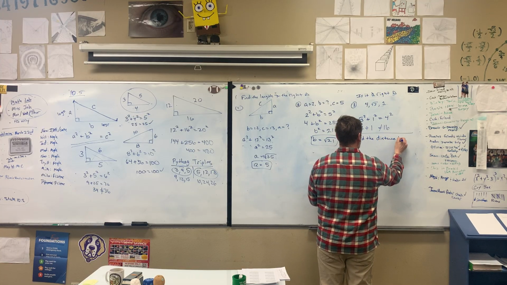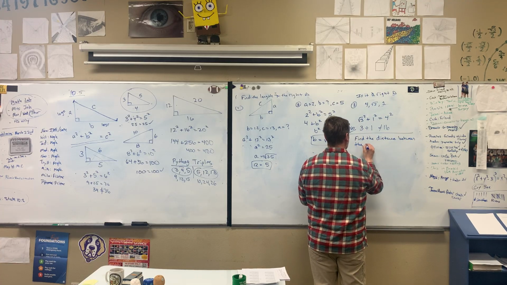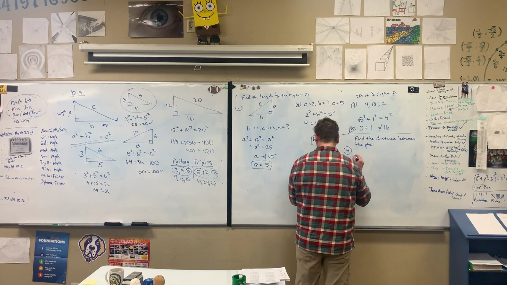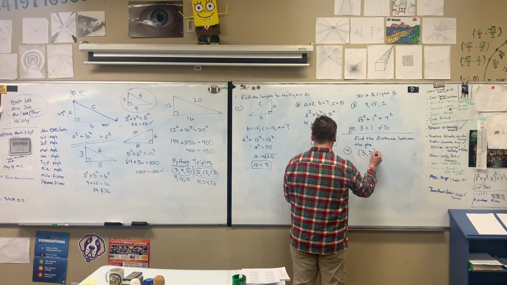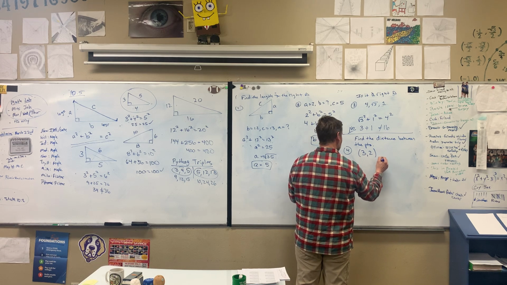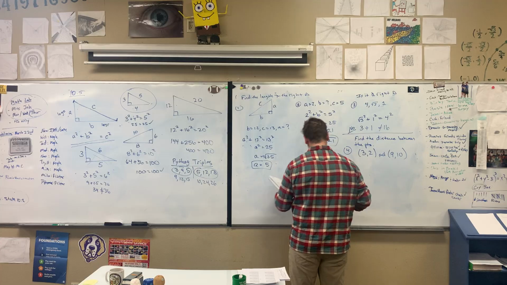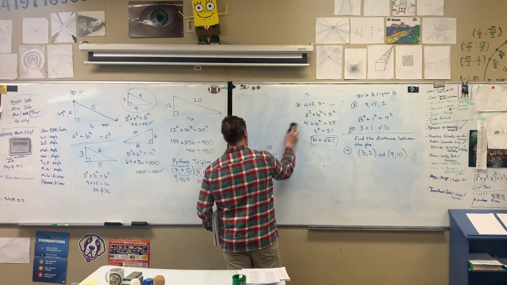Find the distance between the points. Okay, so we're going to find the distance between the points. We'll call this number 4, but I will do 3, 2, and 9, 10. Okay. Let me erase this so I have some space over here to discuss the distance formula.